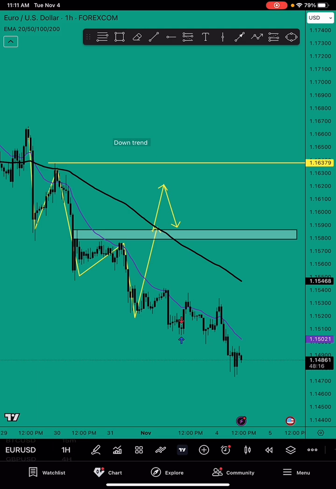Why? Because since we broke the downtrend, we are no longer in the downtrend. And now we are in the uptrend. We know that price is now going to respect this level. So now we want to take a trade, and we want to have our take profit 1 here.